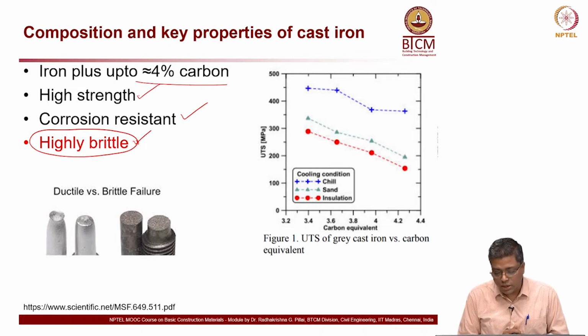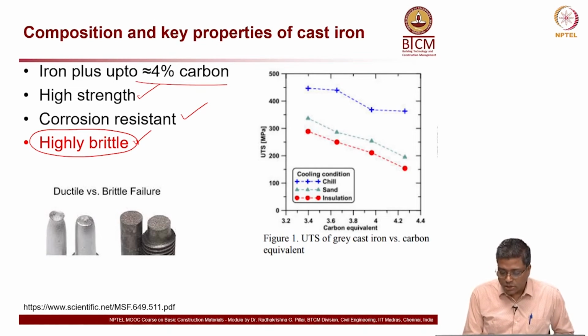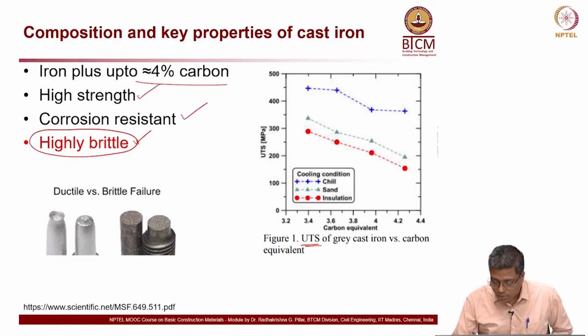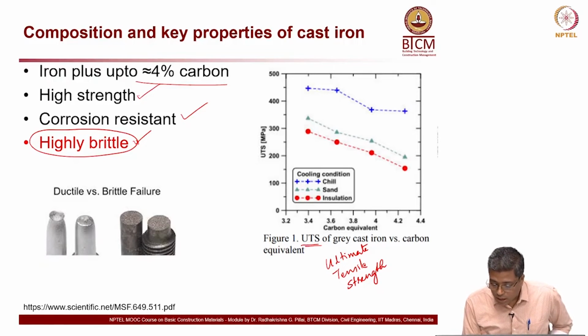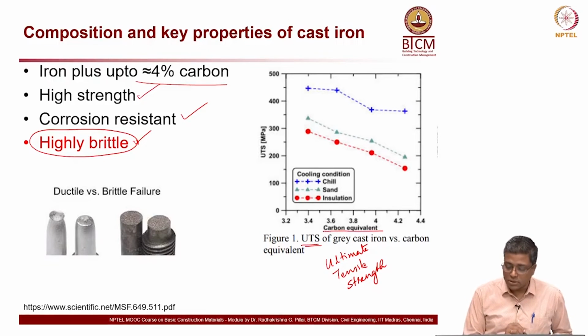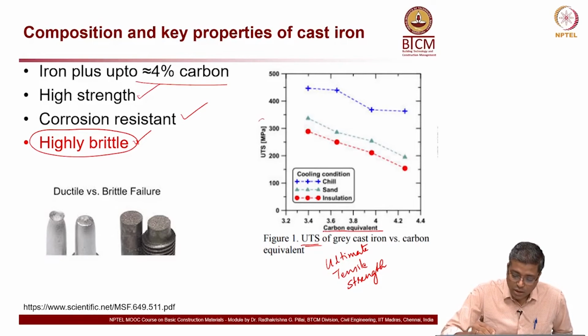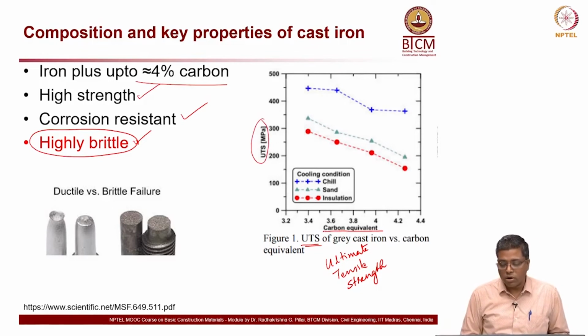So, now if you look at the graph on the right side, you will see UTS stands for ultimate tensile strength. Okay. You can see here this is carbon equivalent on the x axis, or abscissa, and the ultimate tensile strength on the ordinate.